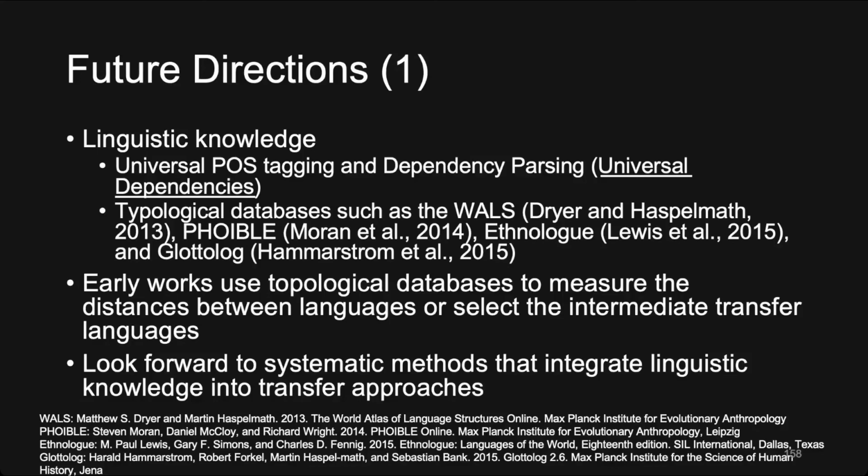Naturally, after this tutorial, you may ask, what would be the future directions of this important field? In fact, there are still quite many questions that have not been solved, and they are good for future direction.